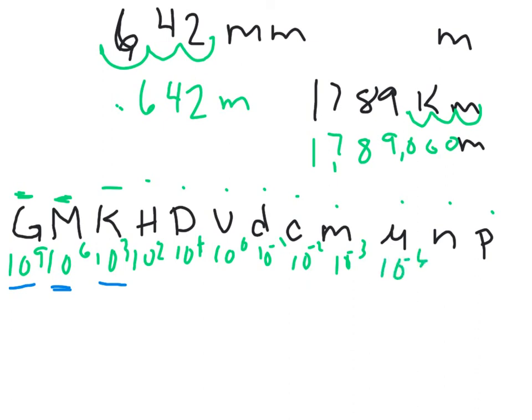So 10 to the negative 6, 10 to the negative 9, and 10 to the negative 12, okay? So just another easy way to remember them, okay? They all change by a power of 3. So if I were to go from milli to micro, I would have to move my decimal point 3 spots to the right.